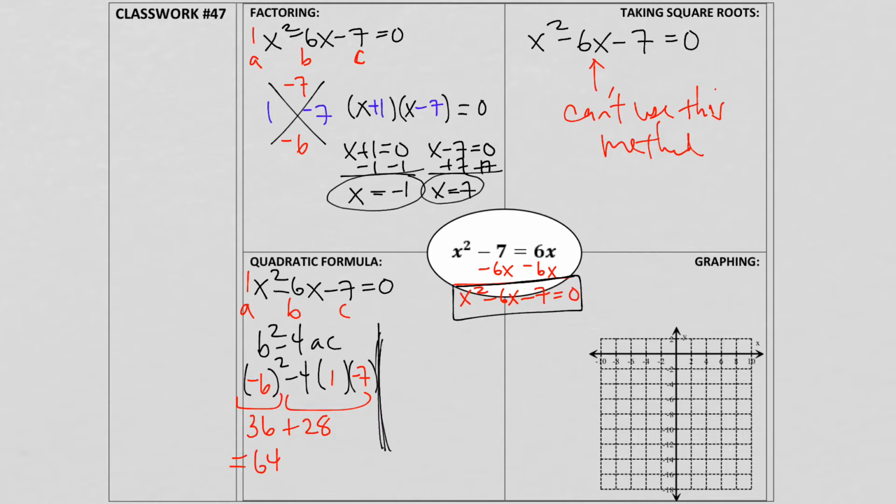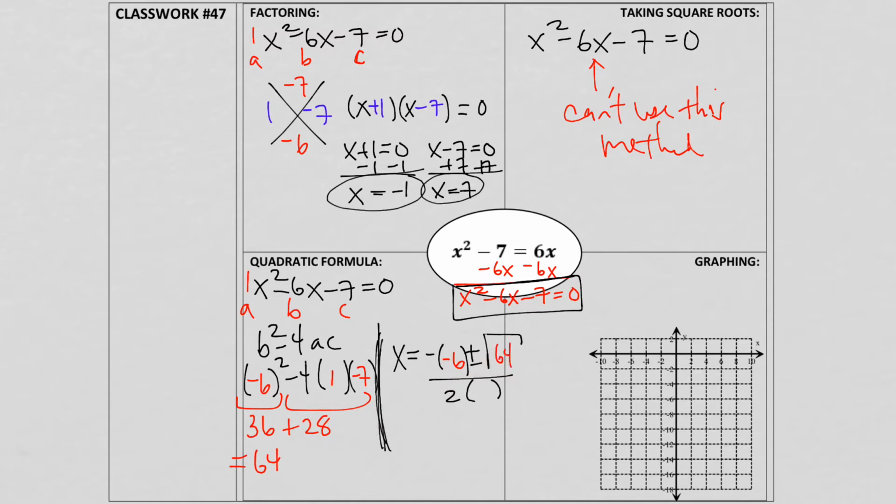So x equals negative b plus or minus the square root of the discriminant all over 2 times a. So at this point, I can now input my values. So x equals negative b, but b is negative 6. I'll put a negative 6 in here. So b equals negative 6. Plus or minus the discriminant, which you've already found to be 64. So I'll put 64 there.